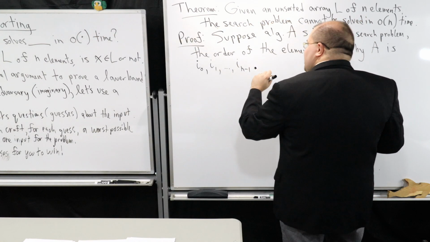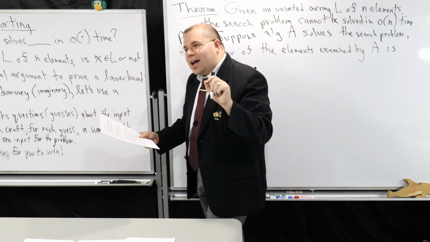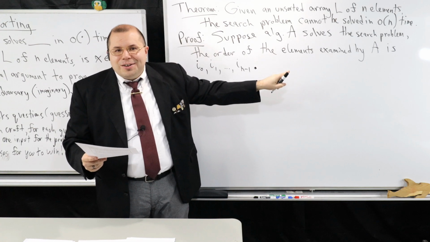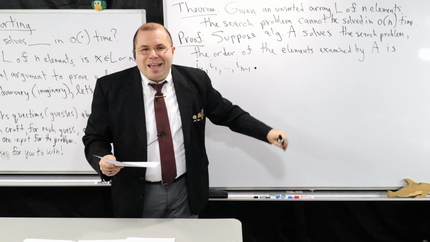So now what I'm going to do is construct an adversary. This adversary is going to give me an instance that's going to cause this thing to take as many guesses as possible.